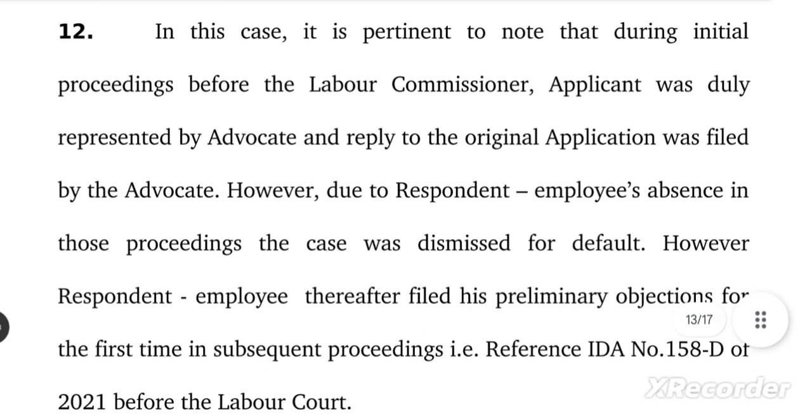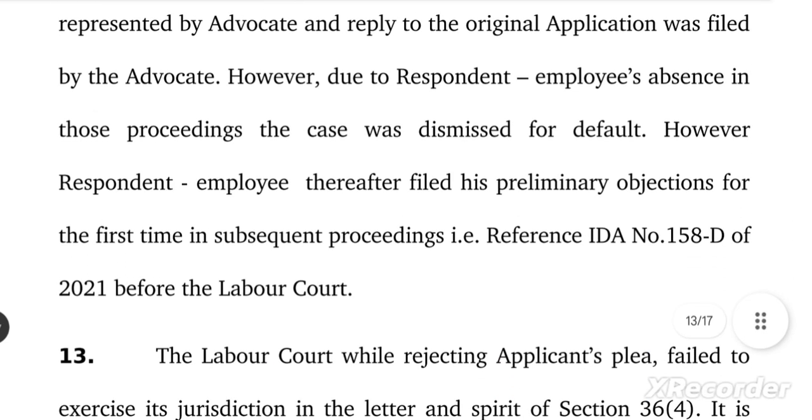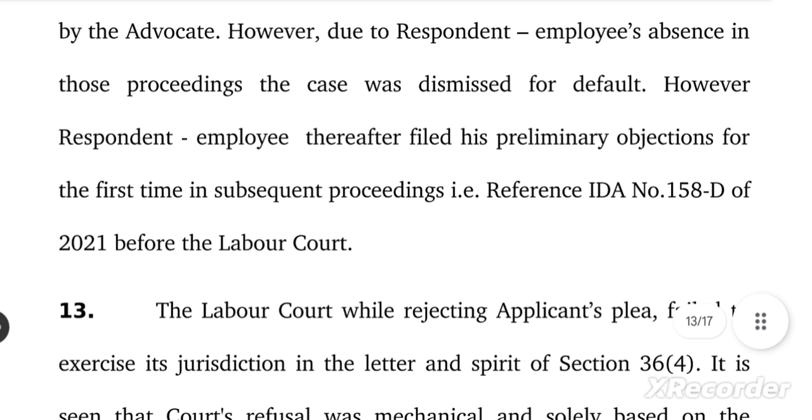In this case, it is pertinent to note that during initial proceedings before the Labour Commissioner, the applicant was duly represented by an advocate and the reply to the original application was filed by the advocate. However, due to the respondent employee's absence in those proceedings, the case was dismissed for default.